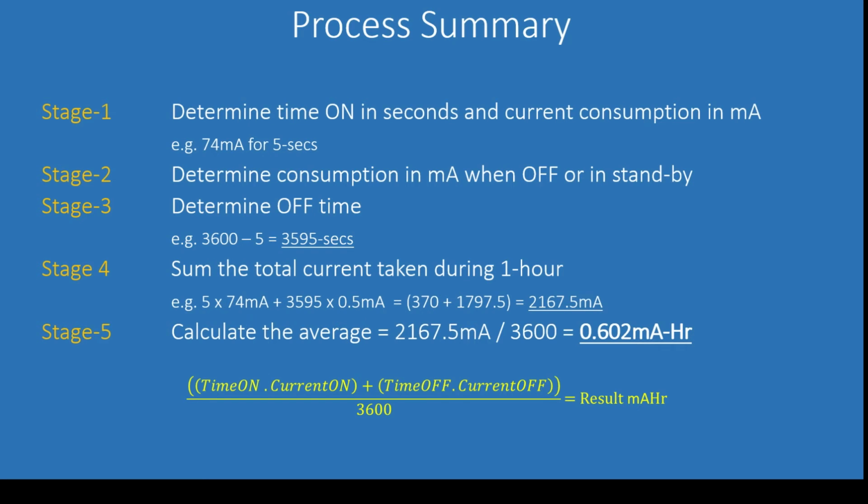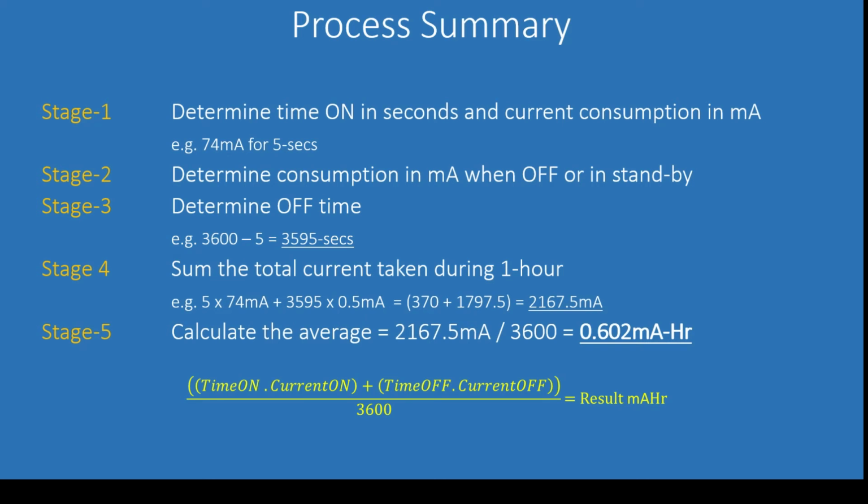So the process summary is determine how much time the circuit spends on demanding current and measure the current, and then determine how much time the circuit spends off or in standby and determine the off time and the off current.